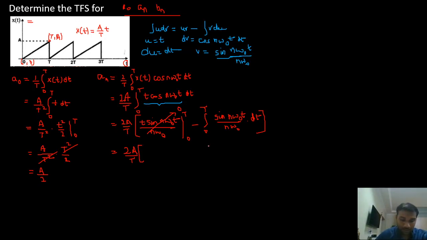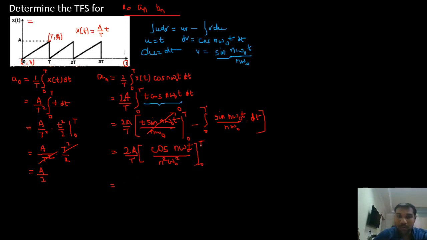And what am I left with? I am left with the integral of sine. When I integrate sine, what will I get? Integral of sine is negative cos. So already I have a negative sign, so it is cos n omega naught t divided by n omega naught, and I already have another n omega naught, so n square omega naught square, limits 0 to T, right?